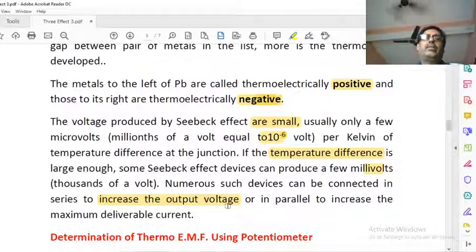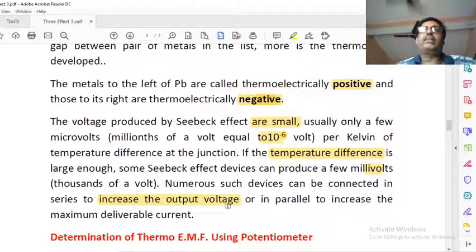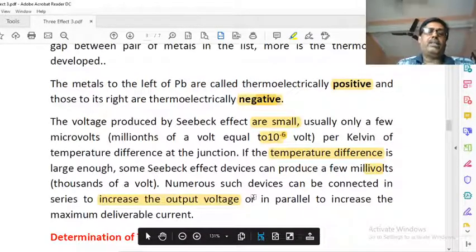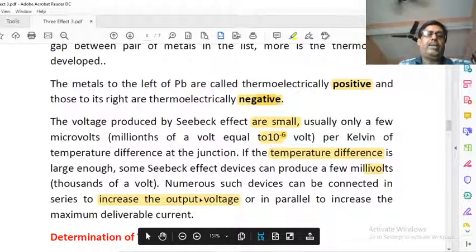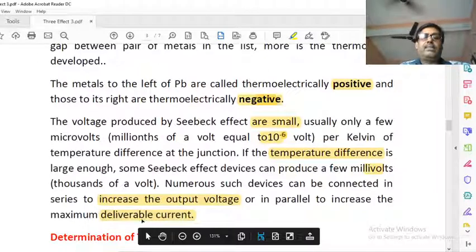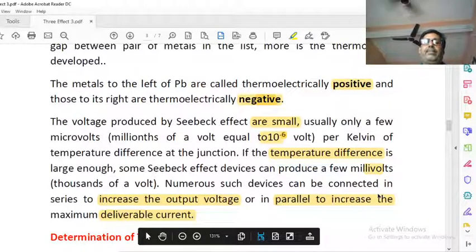The current or voltage is not so large, but we can increase the output voltage, not as much as you expect, but up to a certain value, by connecting many thermocouples in series. And if we want to increase the current, we can connect thermocouples in parallel.